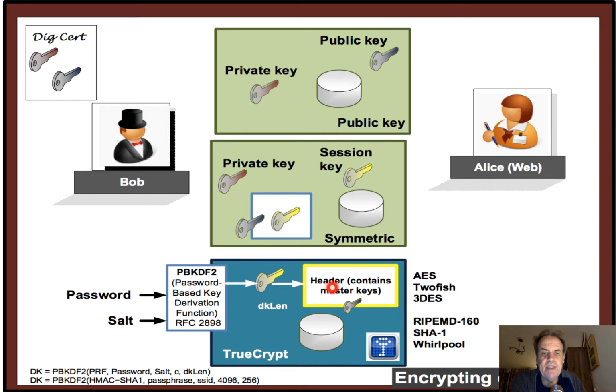That encryption key is then used to open up a header on the disk, and it will reveal the master key which has been used to encrypt the disk, and the different types of encryption along with the hashing method. So here we see that the hashing method is used to create an encryption key.